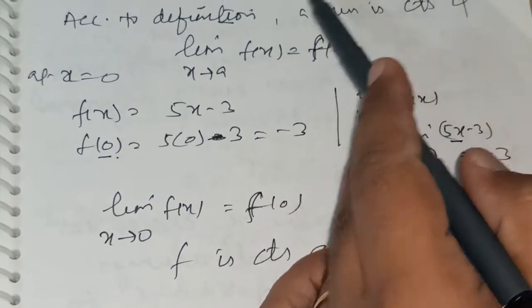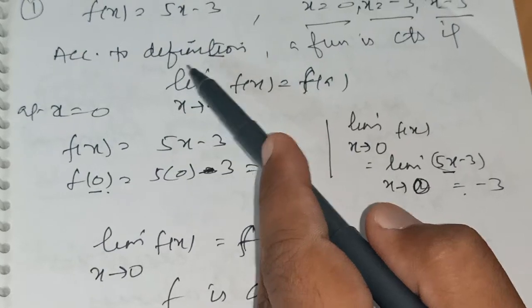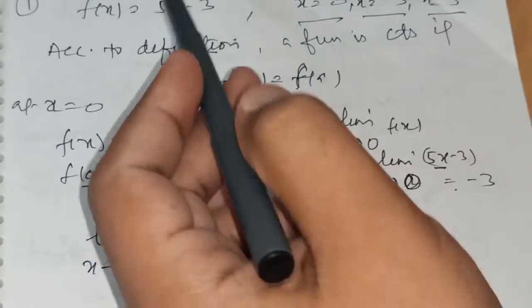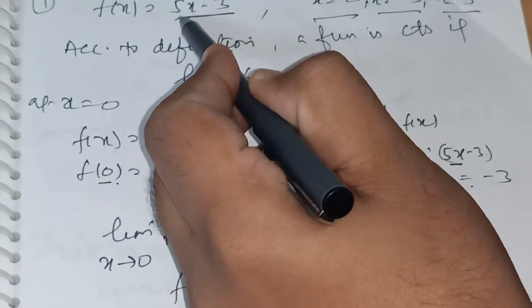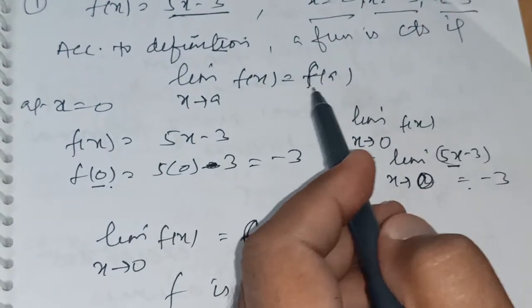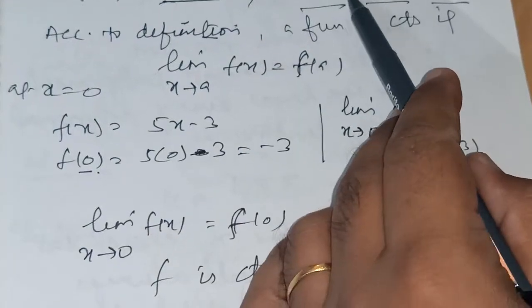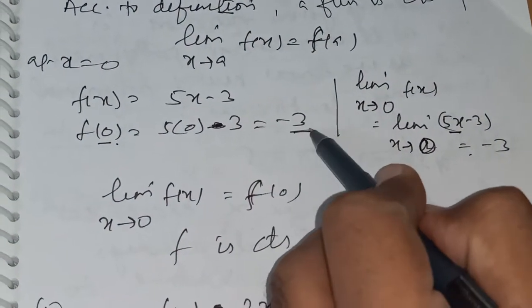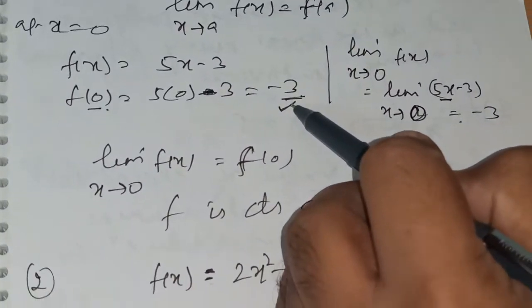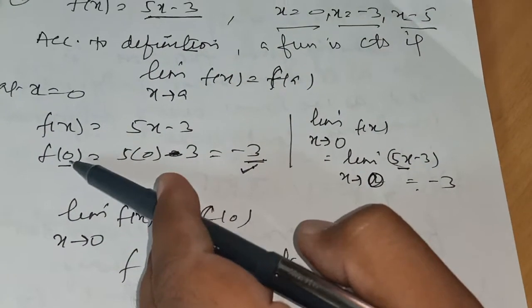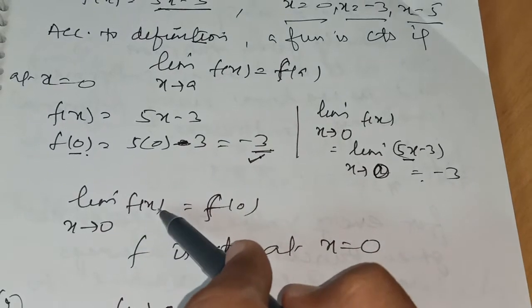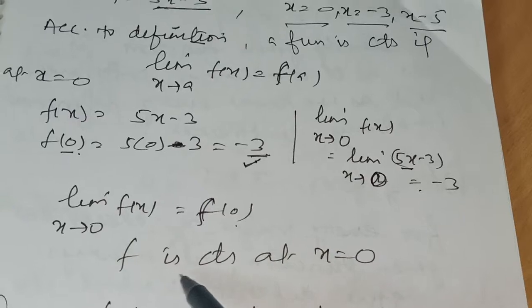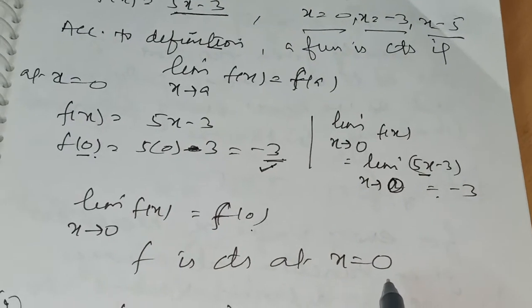As I already told, if at any point the function is defined, then it is continuous. Or you can see this is a linear polynomial, and every polynomial is always continuous. So at x equal to 0, the function value is minus 3, which is a real value. That means the function is defined at 0. So limit x tends to 0, f(x) is equal to f(0). That means the function is continuous at x equal to 0.